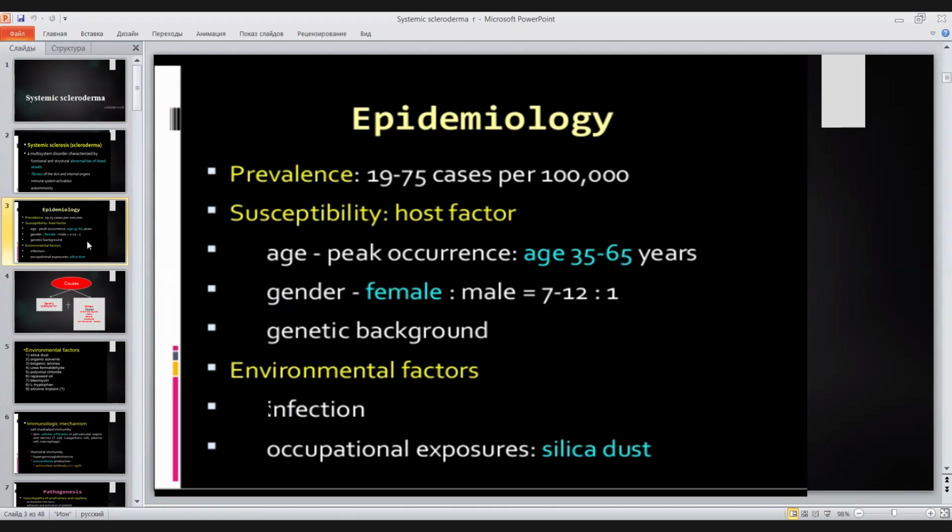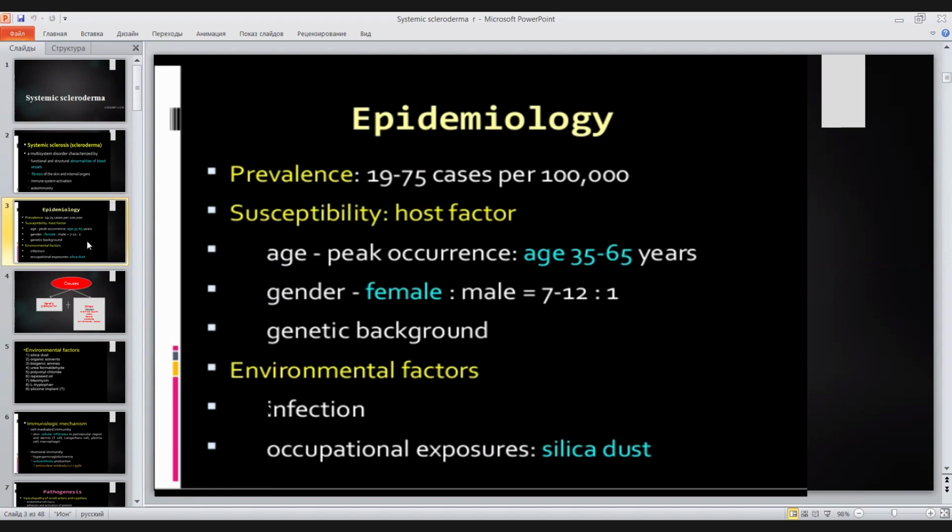Age 35 to 65. Of course, genetic predisposition will be present for a patient with this disease. And as usual, there will be infection factors, mainly viral infection.